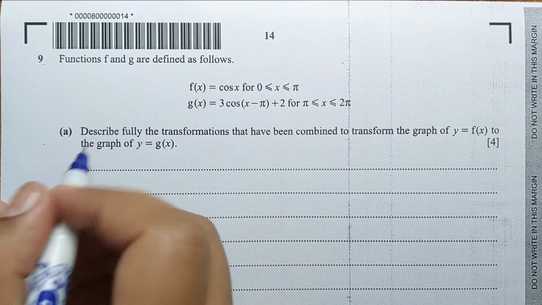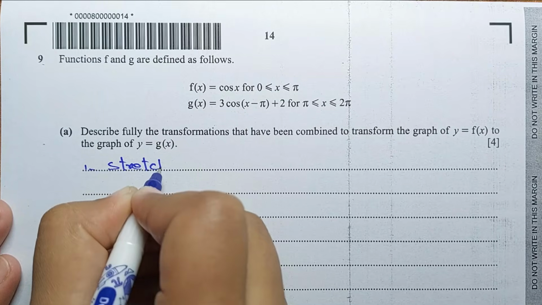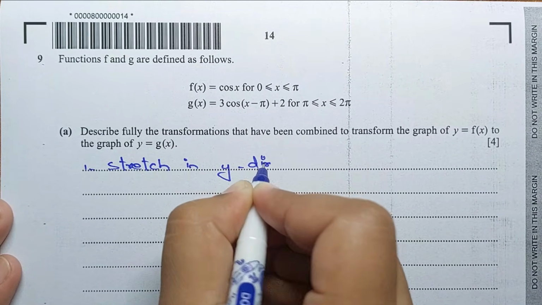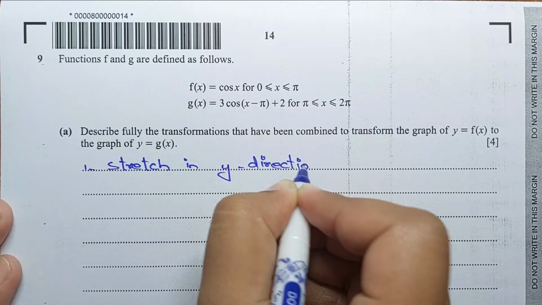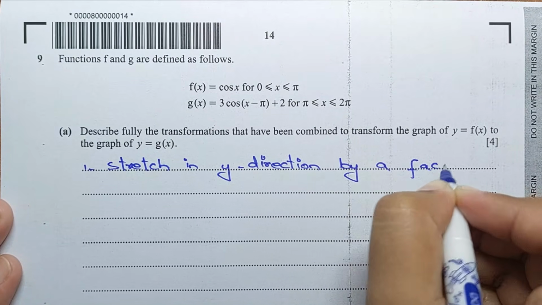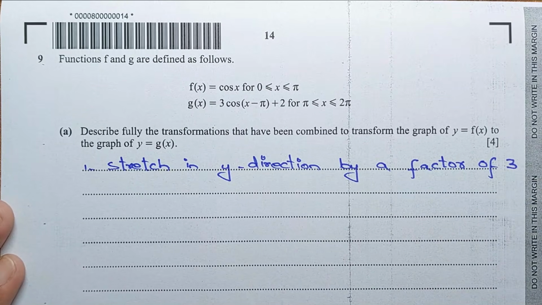The first transformation is a stretch in y direction by a factor of 3, the vertical stretch by a factor of 3, right?